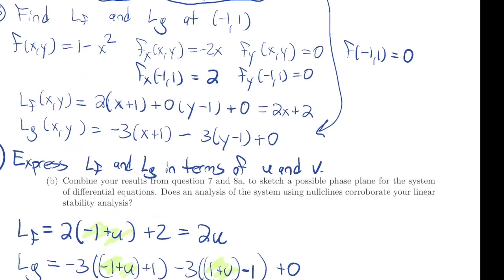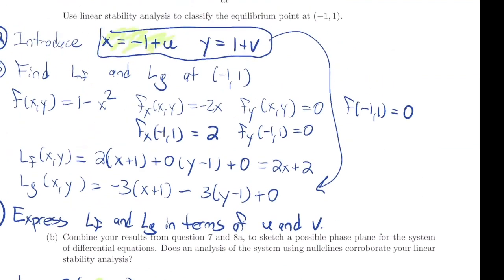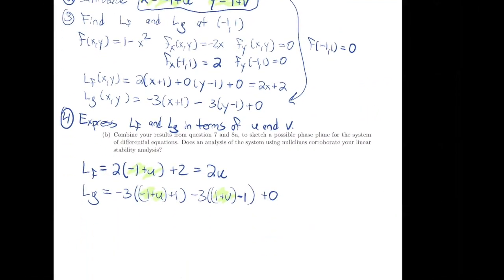Okay, and all we're doing again at this stage is using this substitution for x and y. All of these x's are getting replaced with -1 plus u, and all of these y's are getting replaced with 1 plus v.